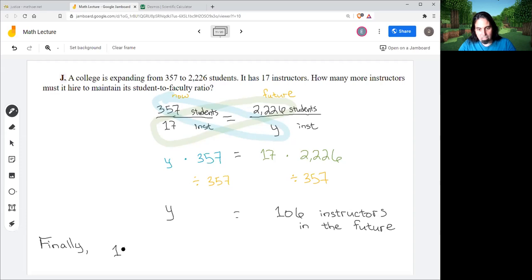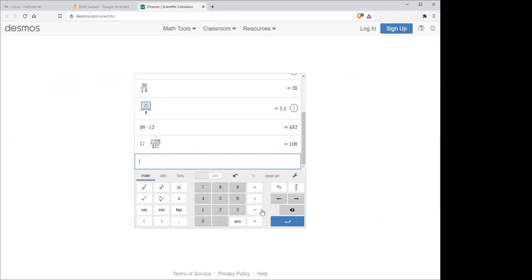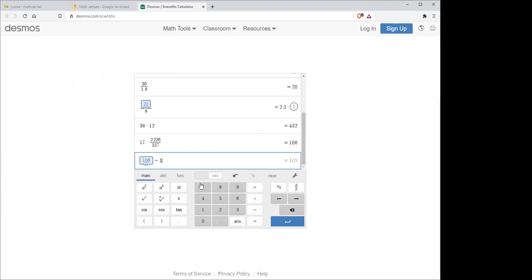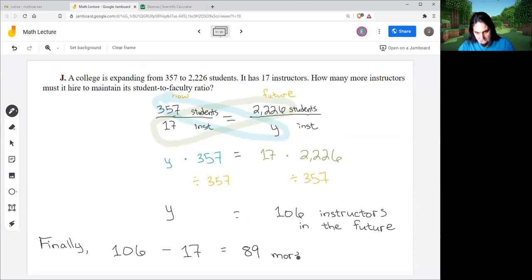Yeah, it doesn't ask for how many instructors will there be. It says how many more. That was very tricky. It was, which is why I'm friendly and pointing it out before you try it.